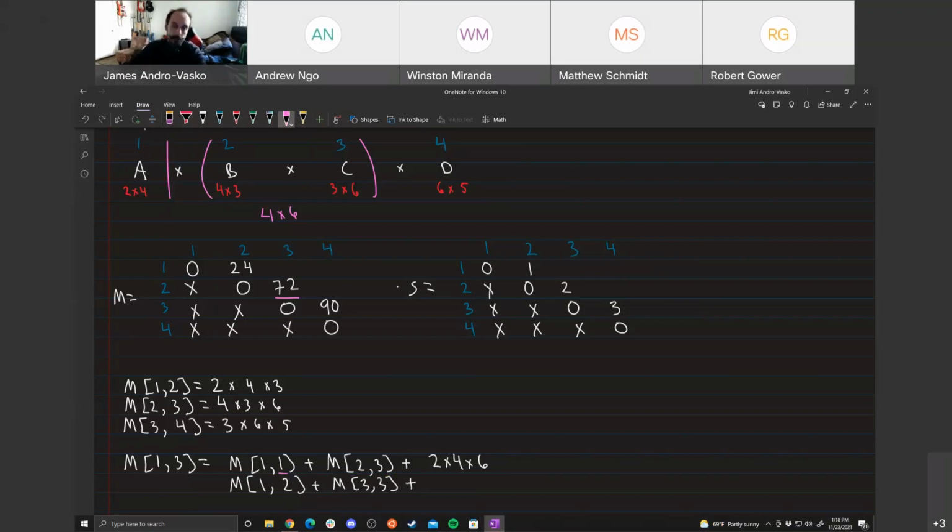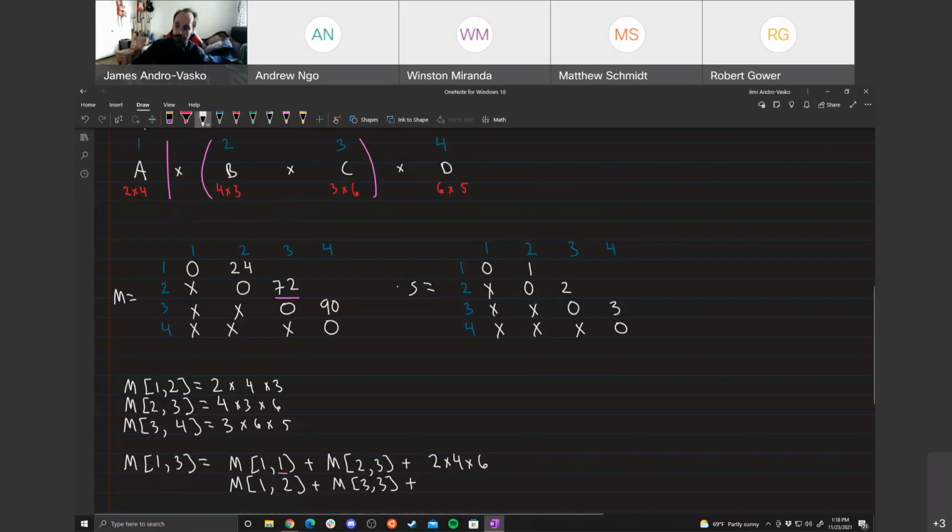And then B times C, the result of this, is going to be a 4 by 6 matrix, yes? And then A is still 2 by 4. So we have to take the result of B times C, which is 4 by 6, and multiply that with 2 by 4. So the result will be 2 by 4 by 6.